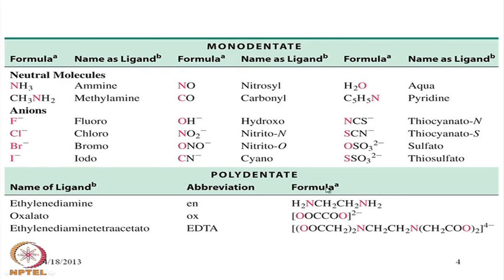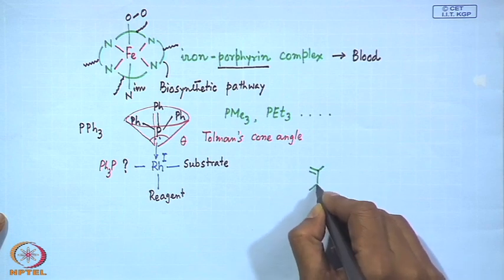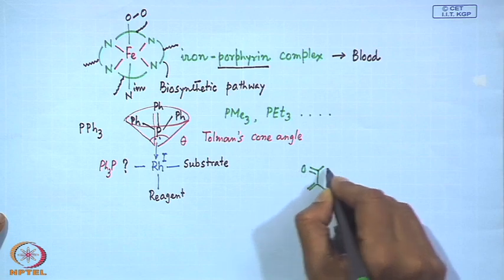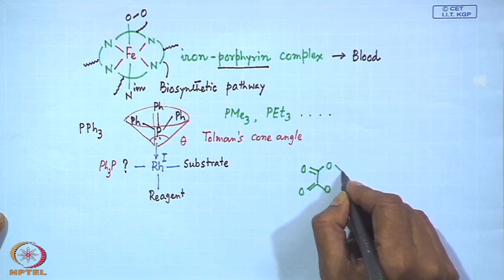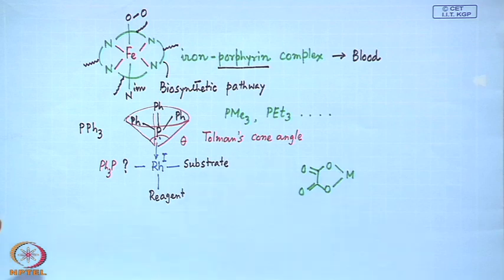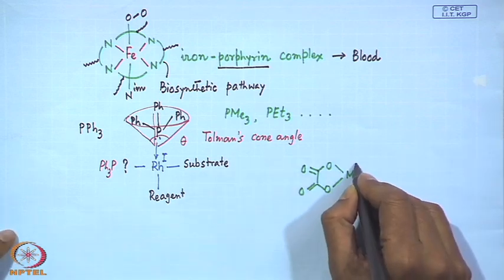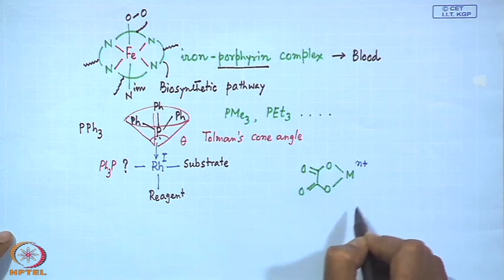Similarly, the oxalate anion also binds through two oxygens of the oxalate group, and this group has two negative charges, and then binds to give the corresponding metal oxalato complex.